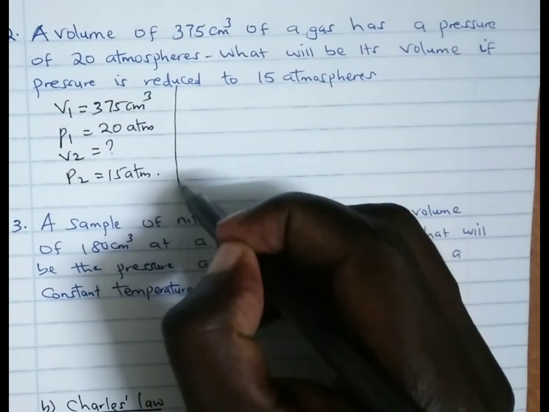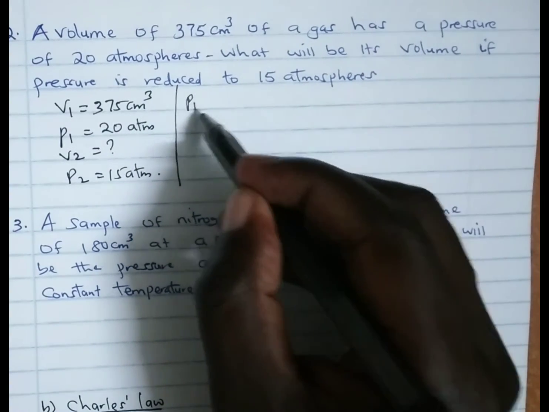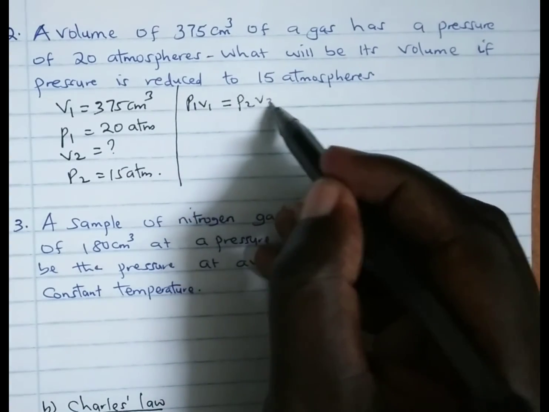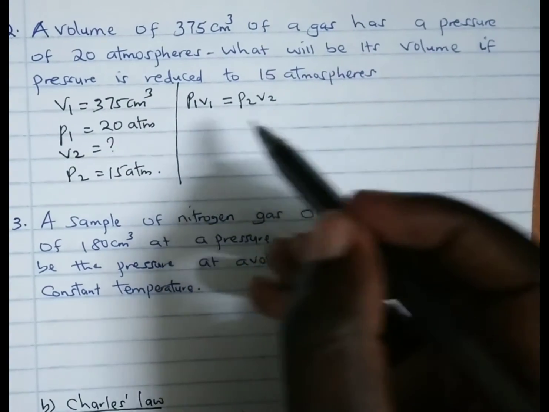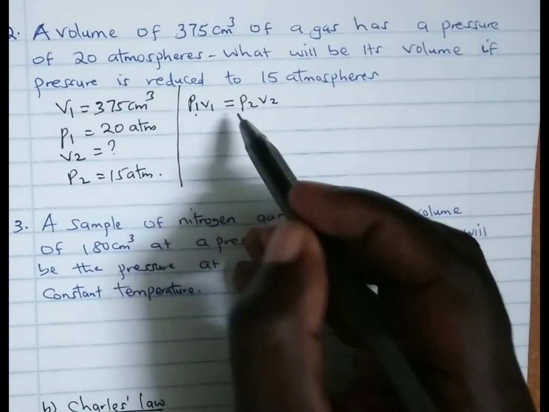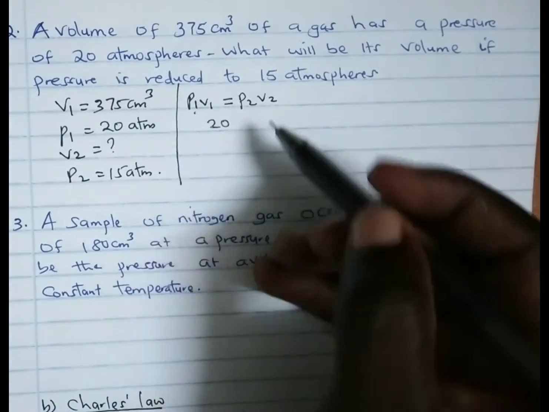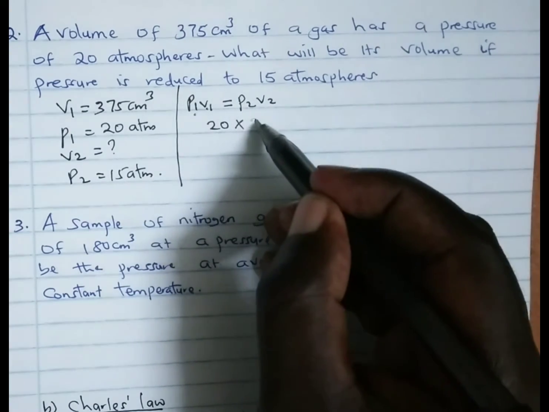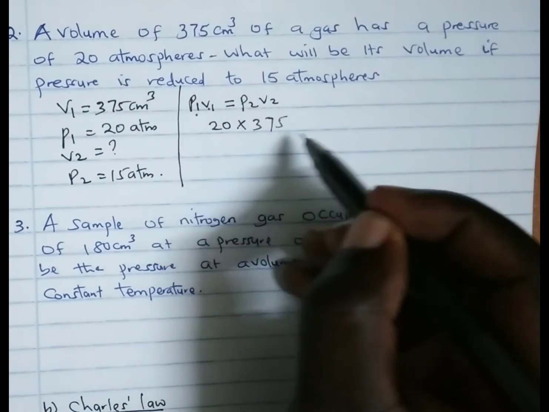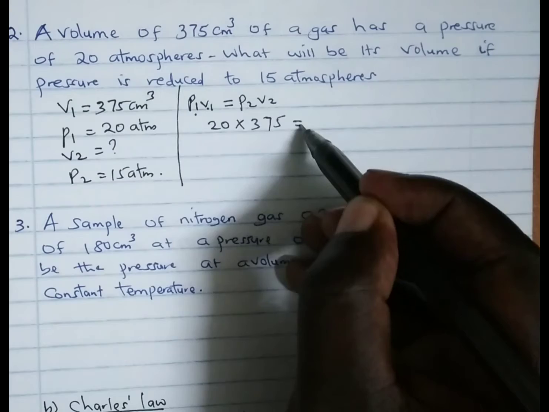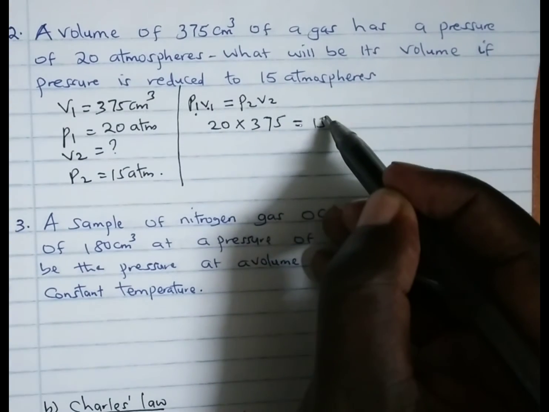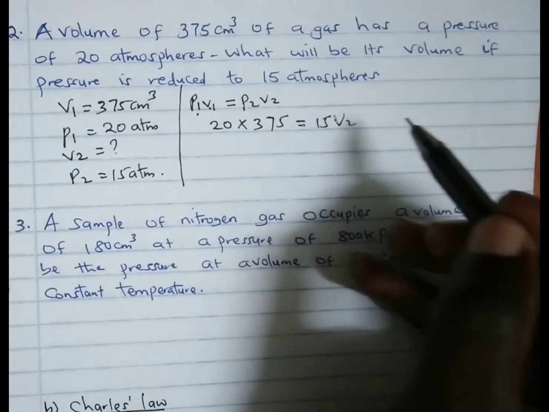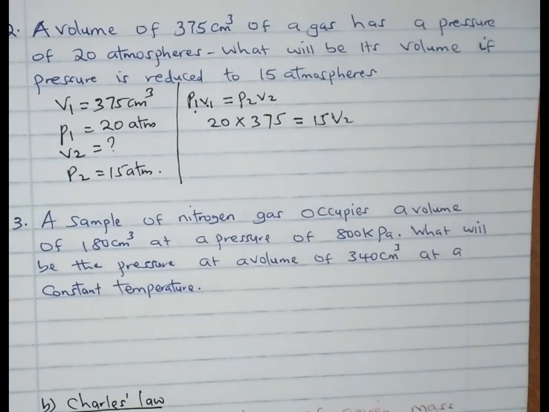Remember, according to Boyle's law, pressure 1 volume 1 will give us pressure 2 volume 2. Pressure 1 has been given as 20. We multiply by volume 1 of 375, and this will give us pressure 2, which is 15, multiplied by volume 2, which is what we are looking for.